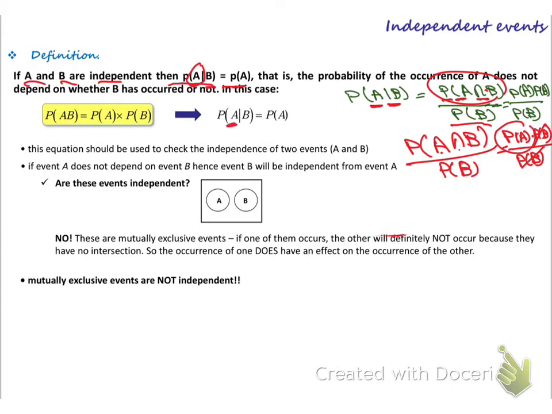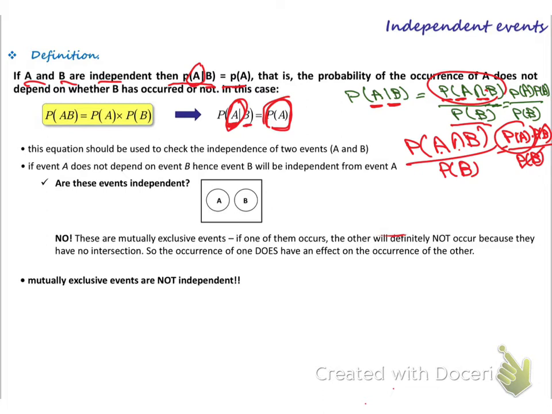The probability of A given B equals the probability of A only. He's looking for the probability of A, for example, of being Norwegian or being first year. If he has got the probability of A being Norwegian, that's the probability of being Norwegian. The probability of A being first year is the probability of being a first year student. So it doesn't matter.